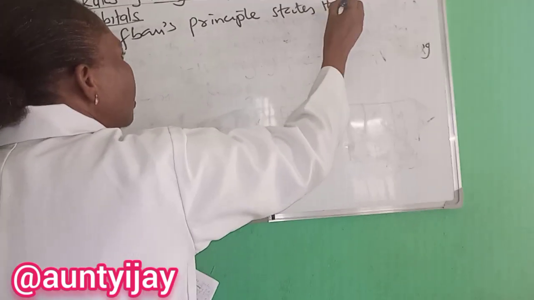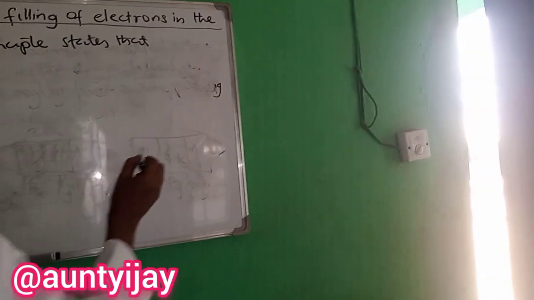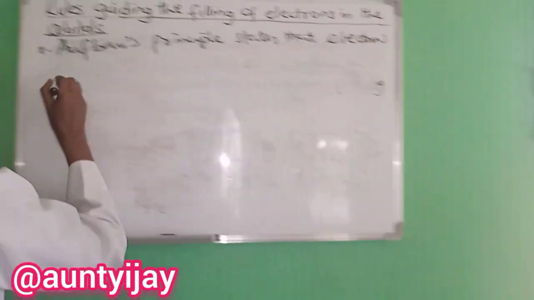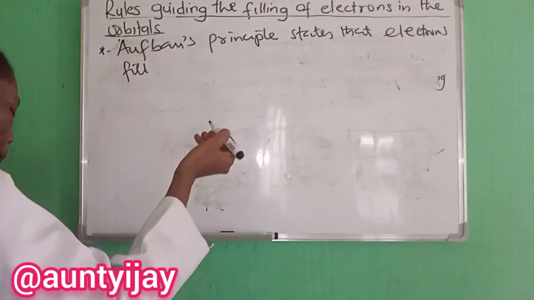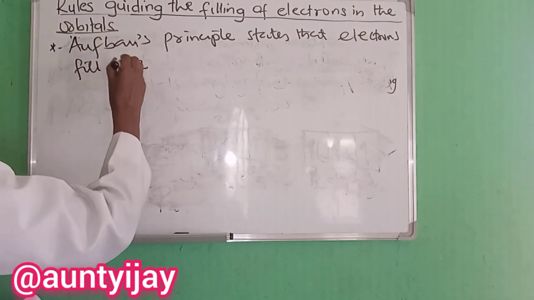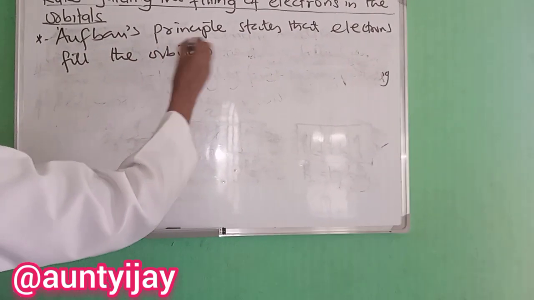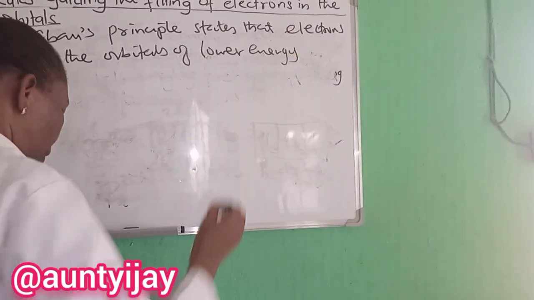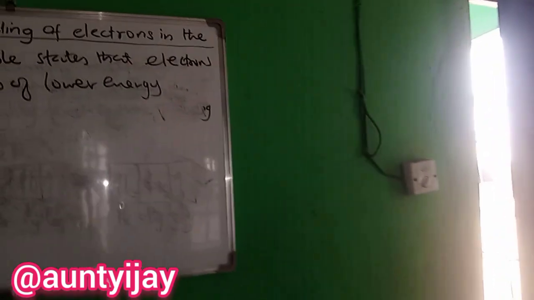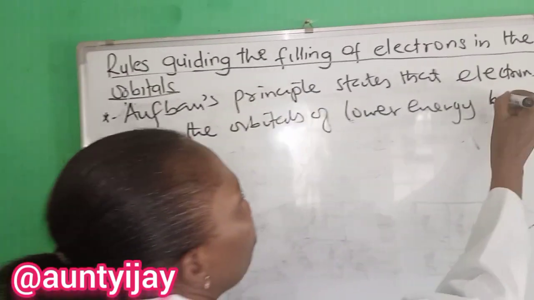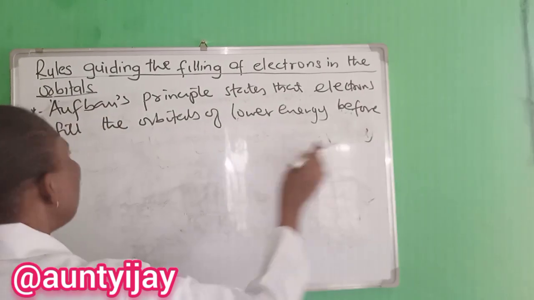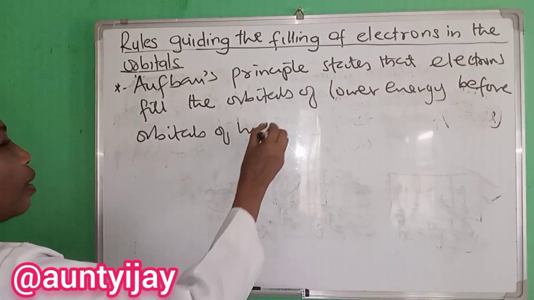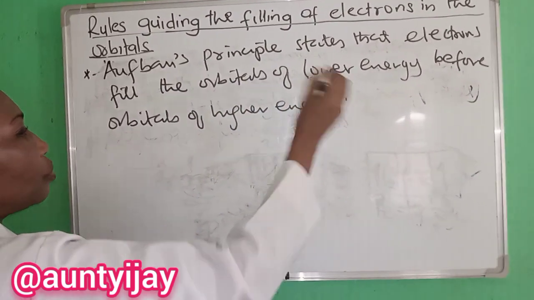So the principle, Aufbau's principle, states that electrons fill or occupy the orbitals of lower energy before orbitals of higher energy.